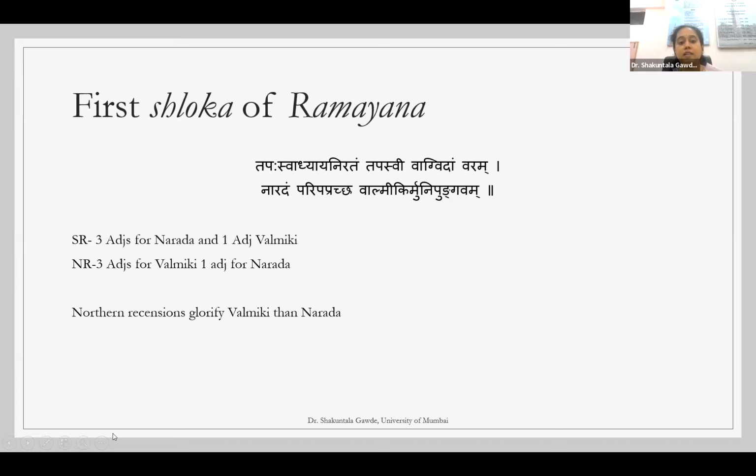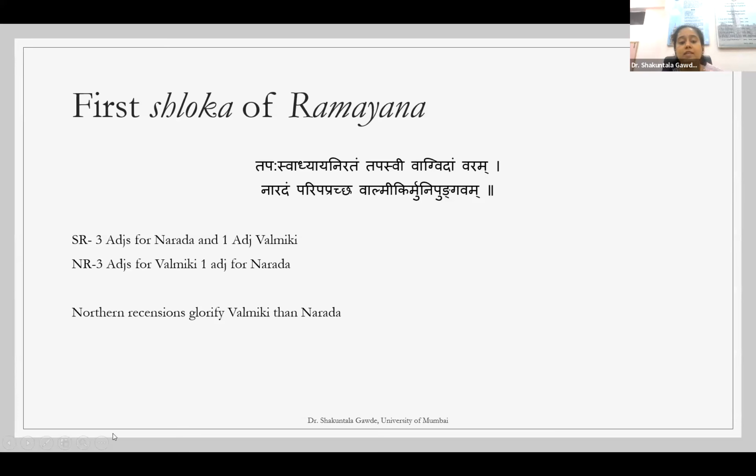If we change the vibhakti pratyaya of tapasvadhyaya niratam from accusative to nominative, they will get applied to Valmiki. Because they want to eulogize Valmiki rather than Narada. Of course, Narada is a divine figure, but still they want to eulogize Valmiki.